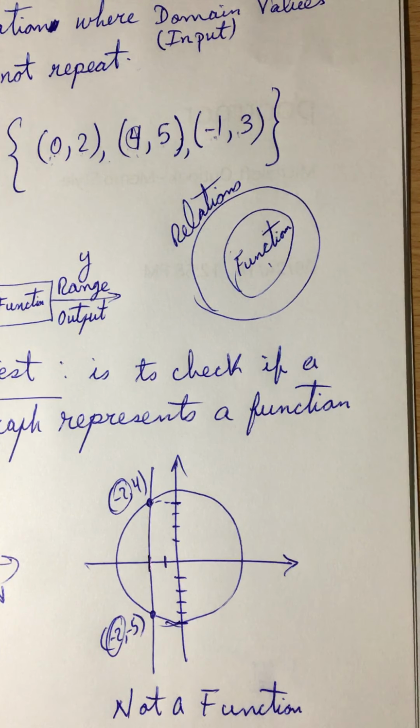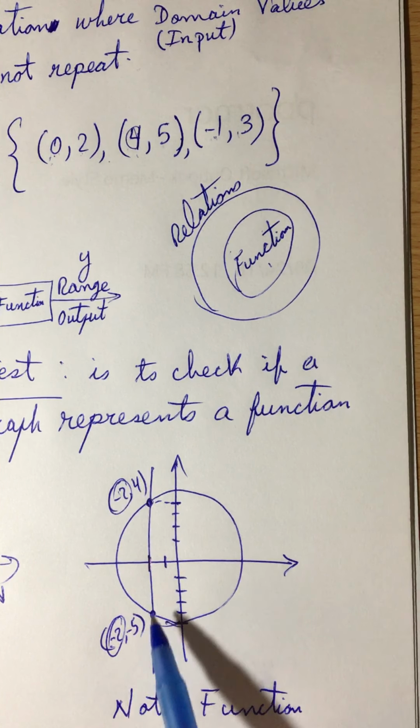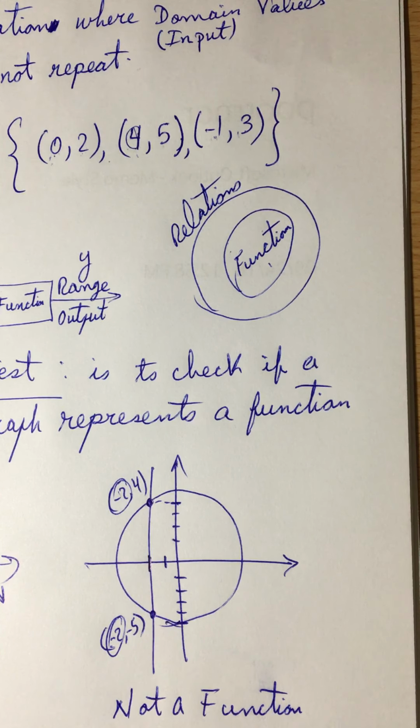That means they're repeating. So a function cannot have a repeating domain value. Since these are repeating, it's not a function. So if you're performing a vertical line test and the vertical line intersects your graph more than once, then the graph does not represent a function.